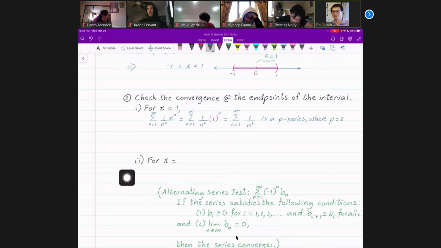P is the exponent of n, which is 2, greater than 1. So if you have a P series where P is greater than 1, then you know the series converges. So you know that the right endpoint is included.